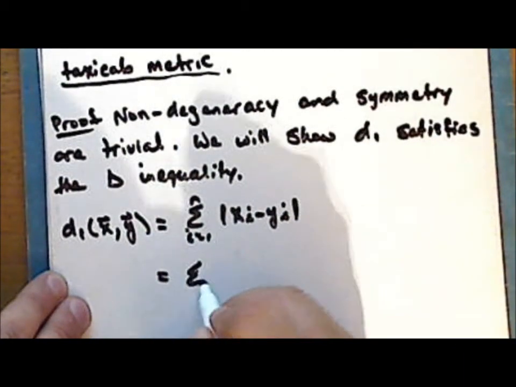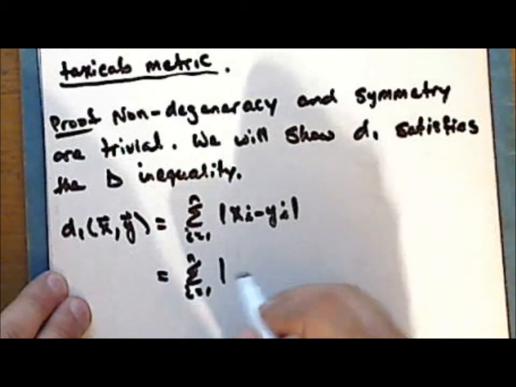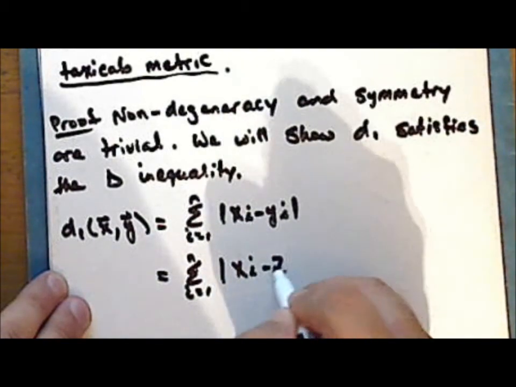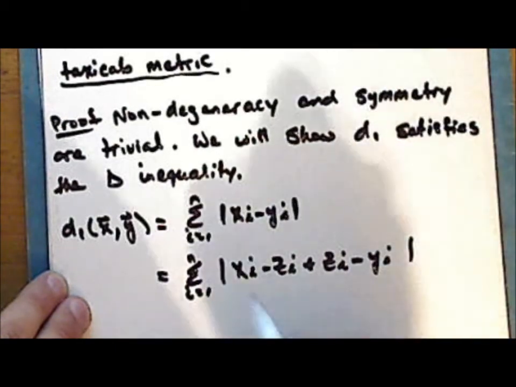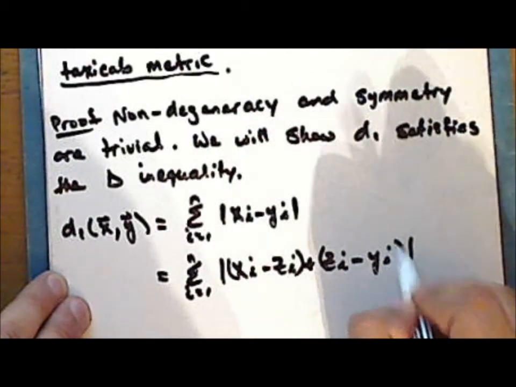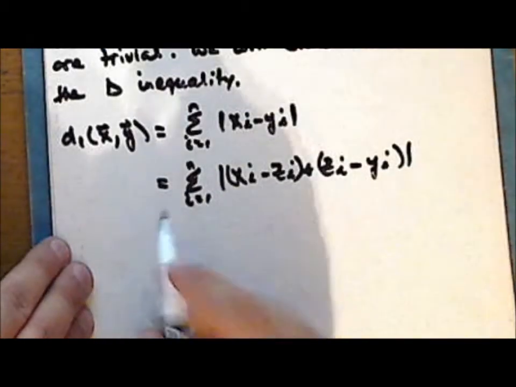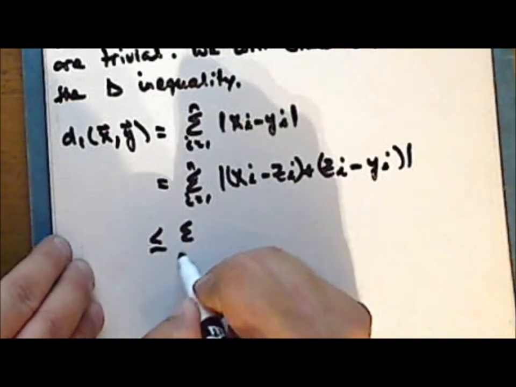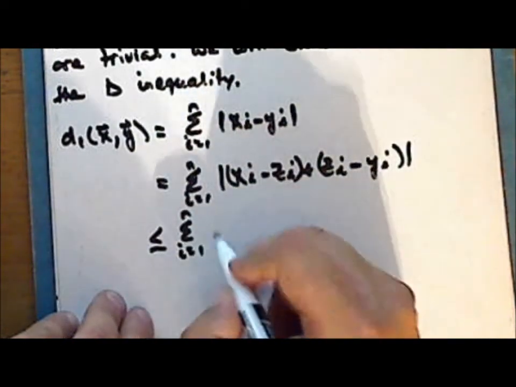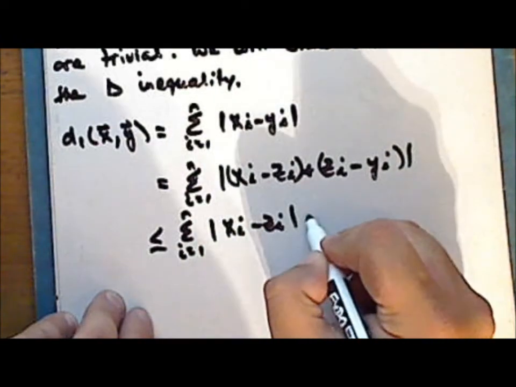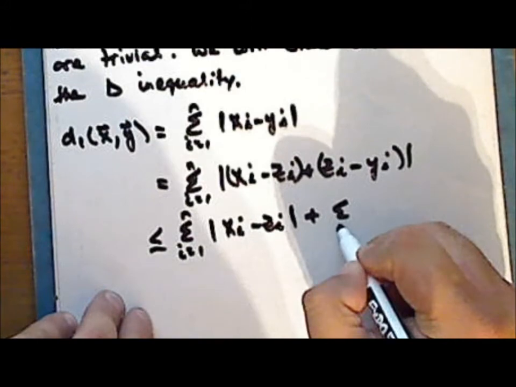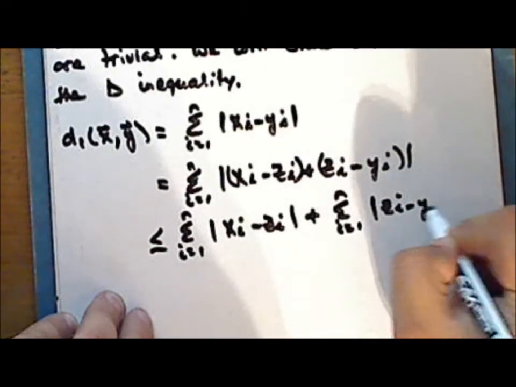This is the same as the sum from i equals 1 to n of the absolute value of x sub i minus z sub i plus z sub i minus y sub i, which is less than or equal to the sum from i equals 1 to n of the absolute value of x sub i minus z sub i, plus the sum from i equals 1 to n of the absolute value of z sub i minus y sub i.